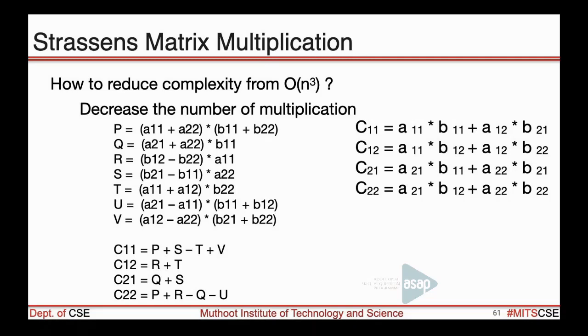It's true that the number of additions and subtractions are increased, but whenever we think about complexity, it's all about the number of multiplications, because that's the one which takes more time. So he reduced the number of multiplications from 8 to 7.